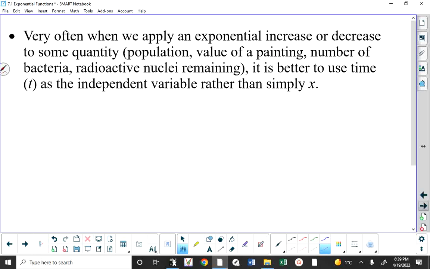Unfortunately, nature does not always follow this exponential pattern. The first thing to note is that when you talk about things increasing or decreasing in value, we don't use x, we use time. What is the value of my car 8 years after I buy it?